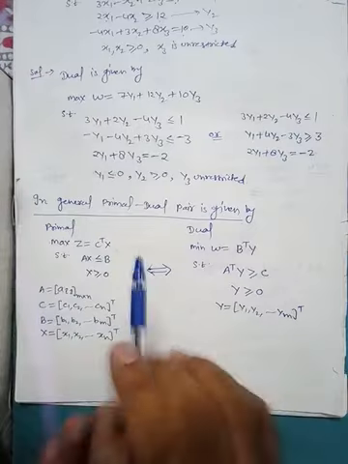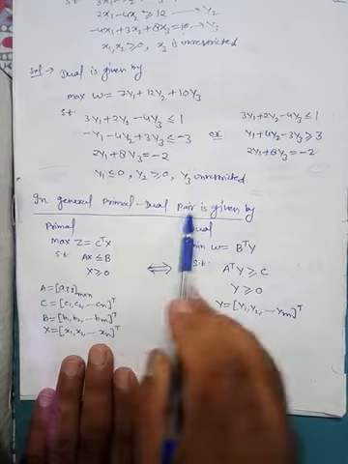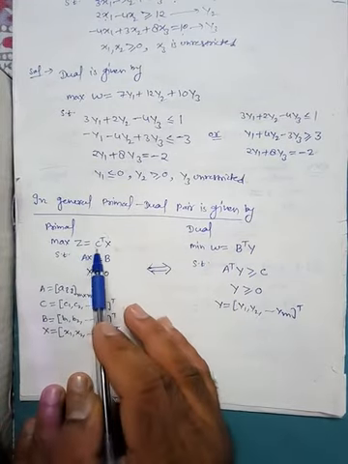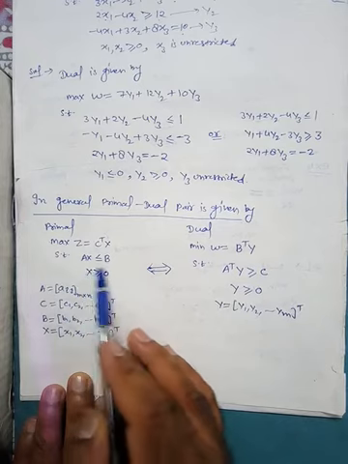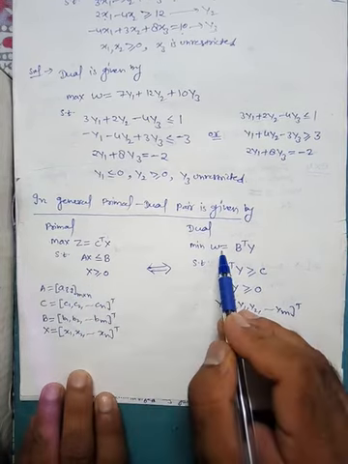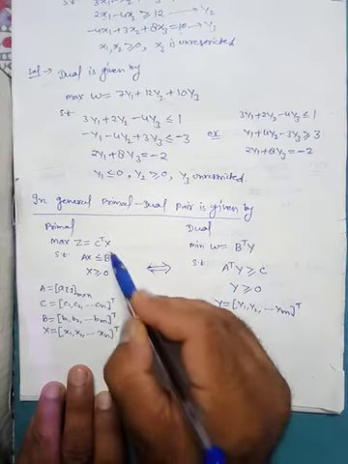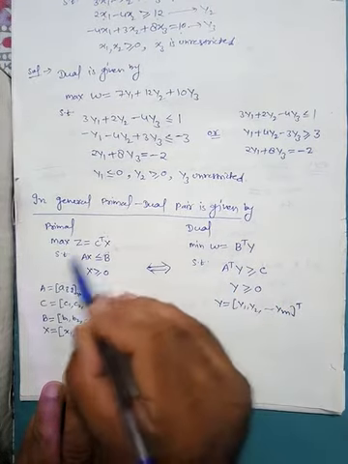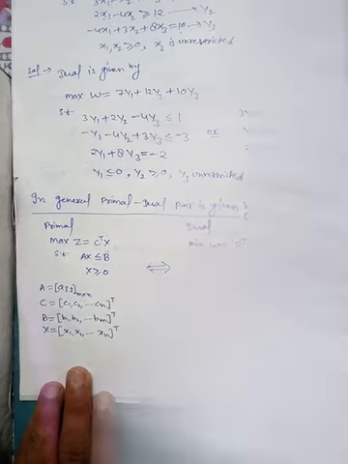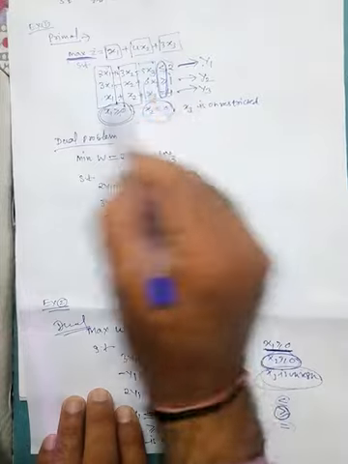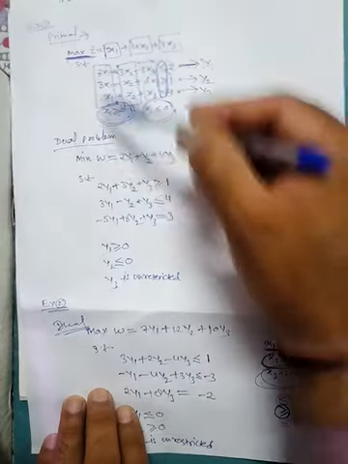So in general, the primal dual pair is this. Suppose this is your primal, maximum z is equal to c transpose x subject to Ax less than equal to b and x greater than equal to 0, then the dual problem will be minimum of w, which is b transpose y, subject to A transpose y. Row becomes column, and column becomes row.